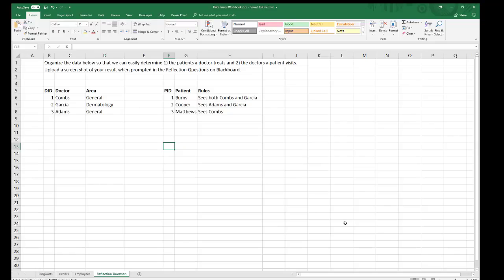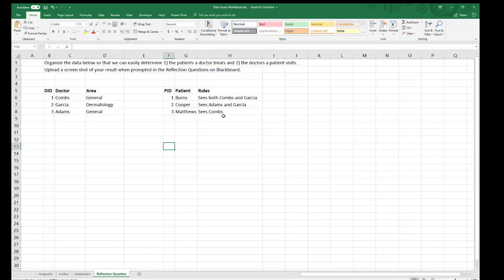When you're completing your reflection in Blackboard for this lesson, what I would like you to do is consider this question on this worksheet. So here we have some data for 3 doctors and 3 patients. We have an ID for each person, and we have a set of rules on the side here.